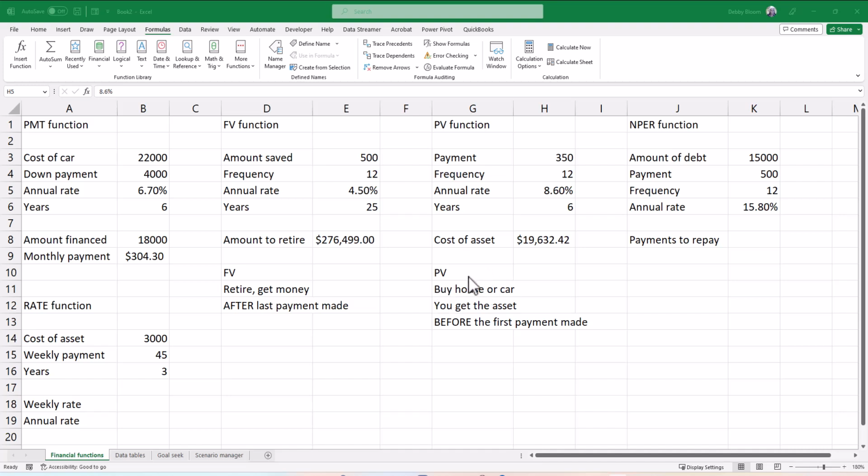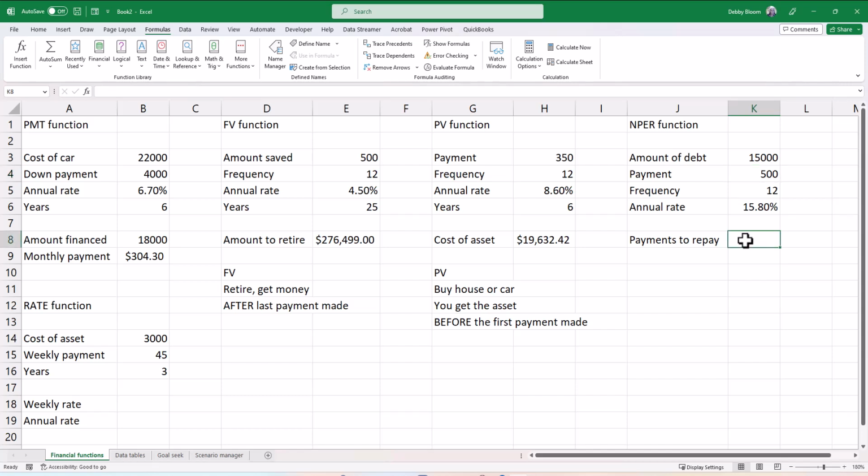Paying off a loan would be a PV problem. Achieving a balance in the future would be an FV problem. So let's say you have $15,000 on your credit card with an annual rate of 15.8%. You're willing to make monthly payments of $500, and you want to know how many payments it's going to take you to repay that loan.